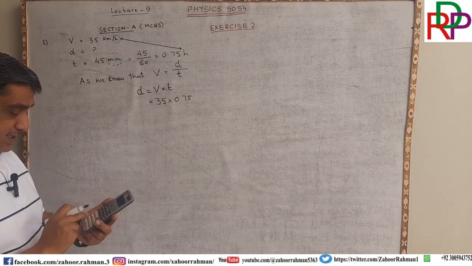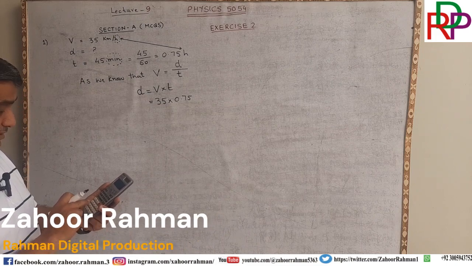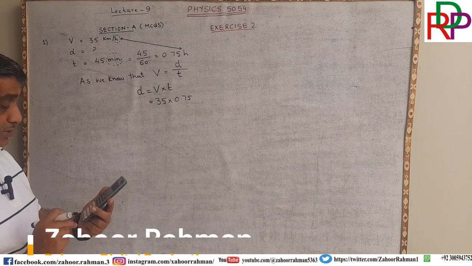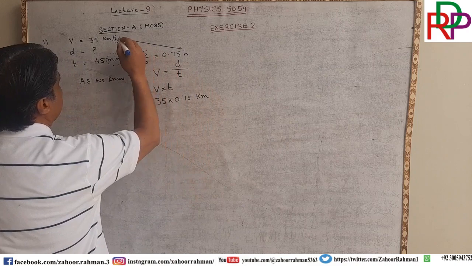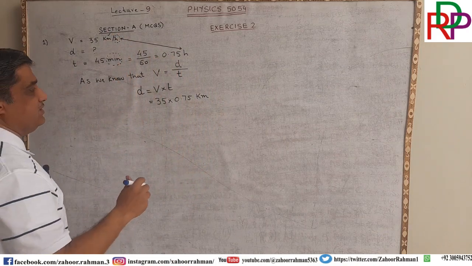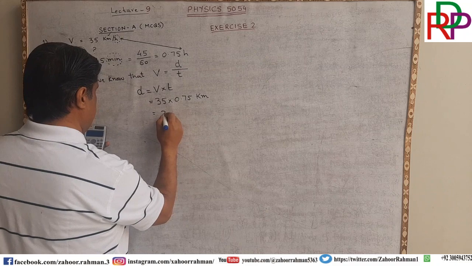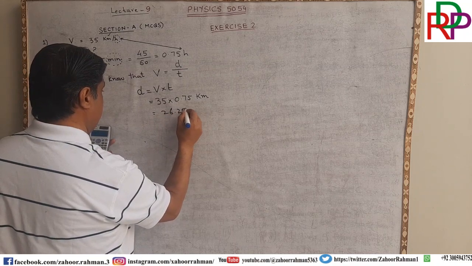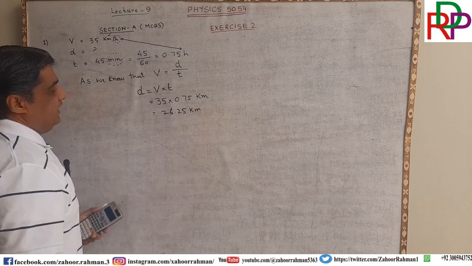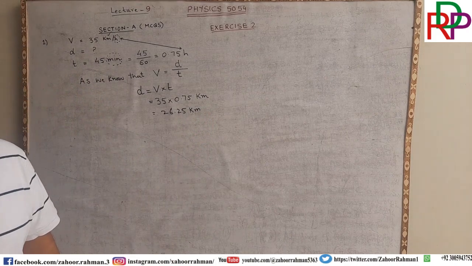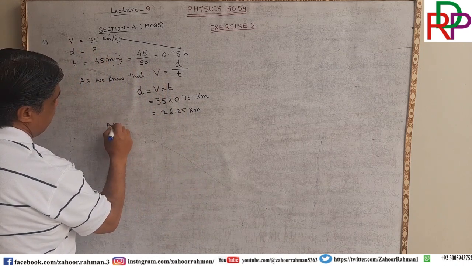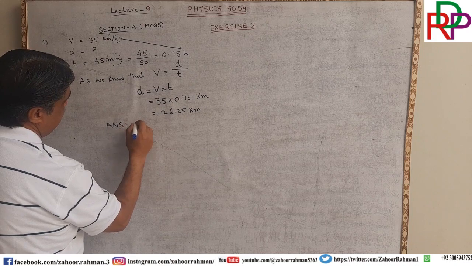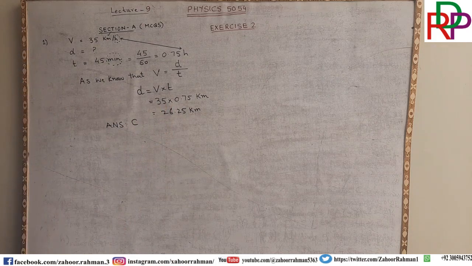So 35 multiplied by 0.75 is equal to 26.25, and that is kilometer, because you can see it is given in the kilometer. So we have to write 26.25 kilometer, and that is the answer. In the four choices, 26.25 is given as C.